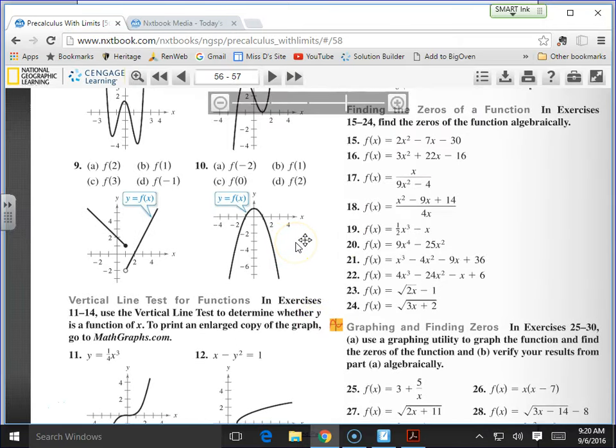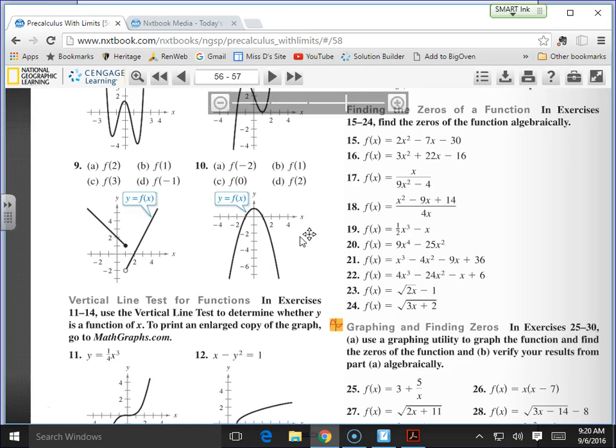Says, just define, hey guys, this is 1.5, right? What does f of a number always mean? Find me a y value when x is 2. So go find x is 2. The y value looks a lot like 0. Approximate. Letter B, f of 1.